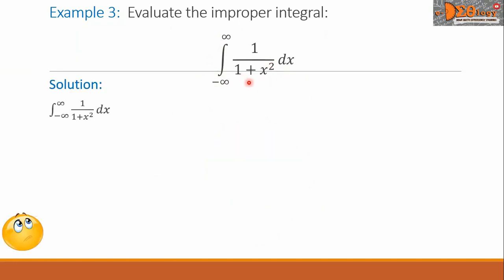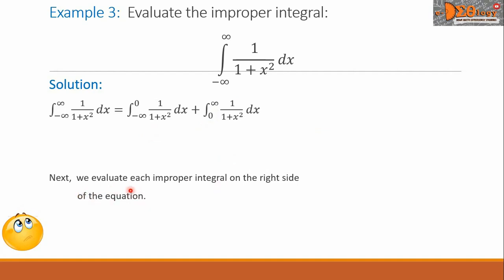Let us copy this integral down here, and because of this negative infinity and positive infinity in the limits, again we say this is a type 1 improper integral. By our formula, we say that this integral is equal to the integral from negative infinity up to 0 of the function plus the integral from 0 to infinity of that function.